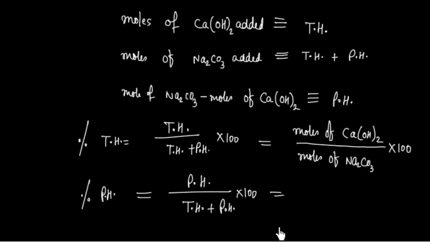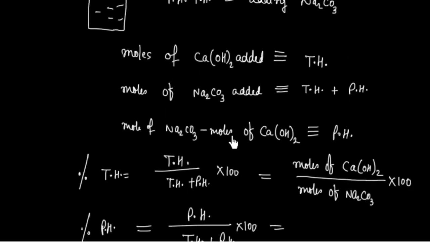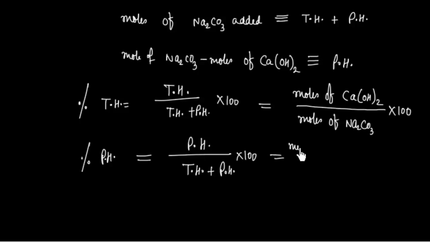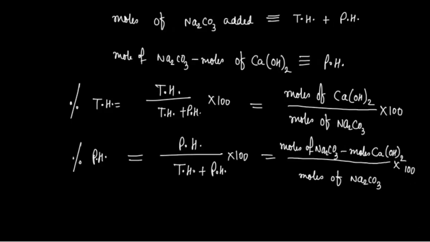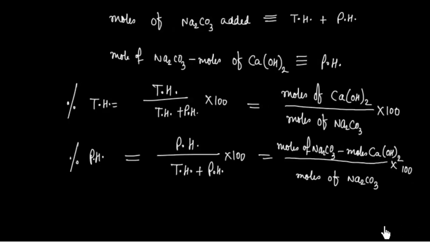This equals moles of Na2CO3 minus moles of calcium hydroxide, divided by moles of Na2CO3, multiplied by 100. So this will give you the percentage of temporary hardness and percentage of permanent hardness.